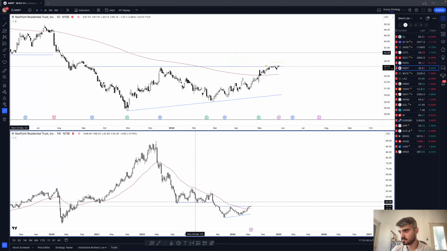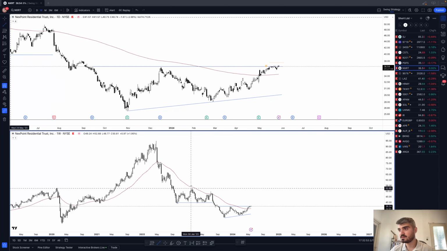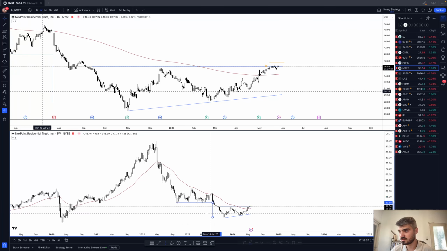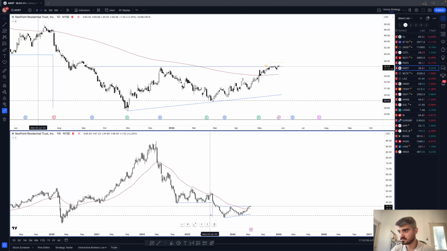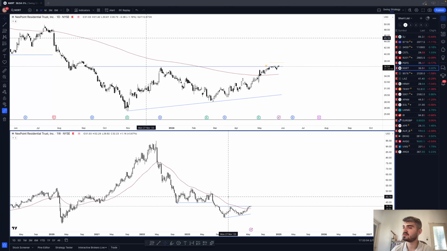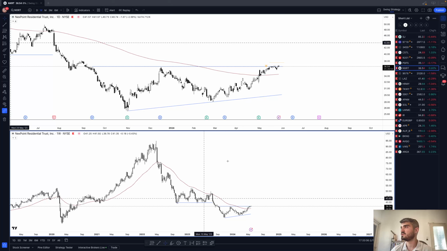Yep, which took us down, and actually the measured target, if I'm not mistaken, was hit. Yes, it was, and reversed specifically at the profit target point.